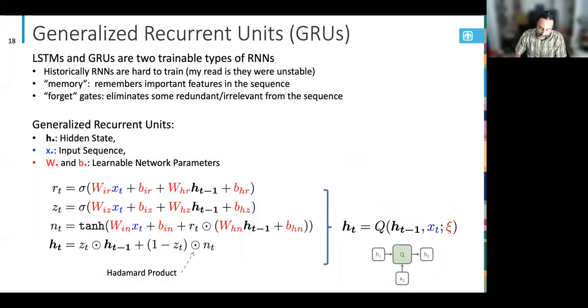Over the years, they've come to realize some of the challenges of recurrent neural networks, and have overcome that with two distinct architectures: the long short-term memory networks, LSTMs, and gated recurrent unit networks, GRUs. I'm going to focus on the gated recurrent unit here. In this case, the hidden state is written in this update equation.